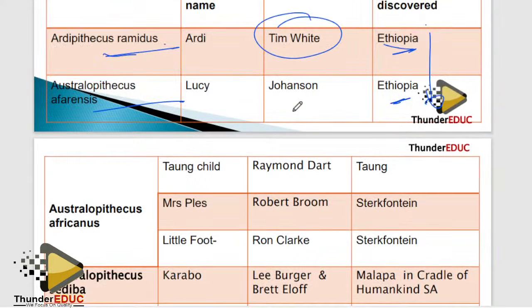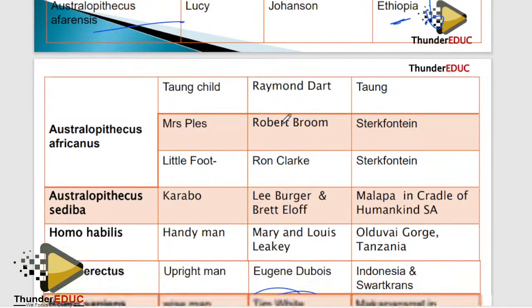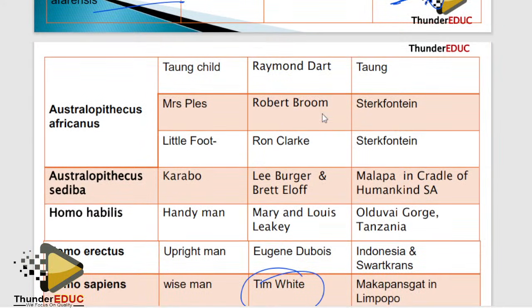Number 2. Now you have 3 Australopithecus africanus species. All of those who discovered them start with the R: Raymond Dart, Robert Broom, and Ron Clark. All of them start with R. Is it clear?